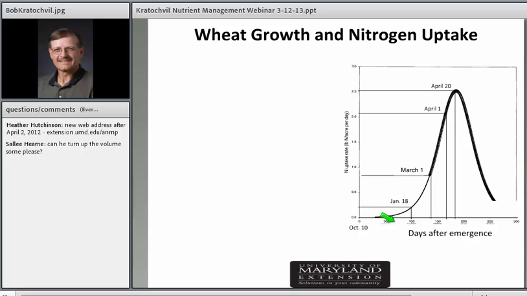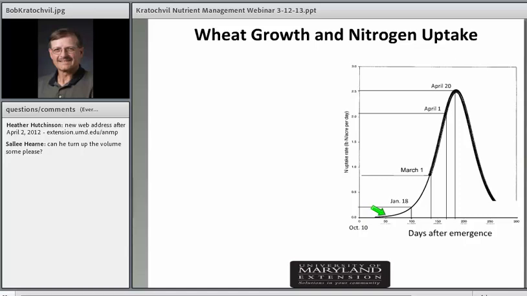Let's start by looking at wheat growth and nitrogen uptake. This chart that you're seeing on the right side of the slide indicates nitrogen uptake on the y-axis based upon days from emergence of the crop on the x-axis. And as you can see, it's a curve type response.